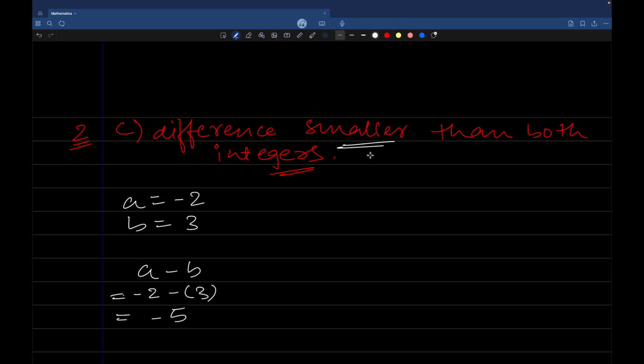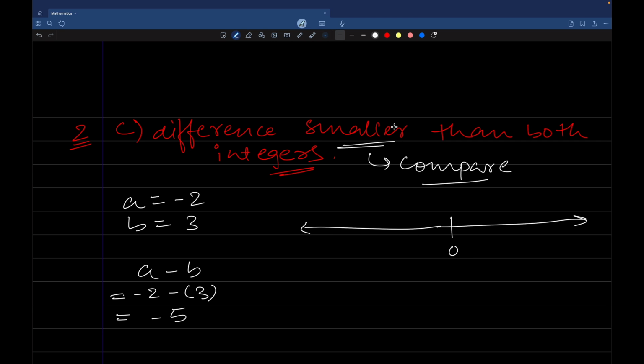We have to compare numbers, so we can draw the number line. We have 0 in the middle of the number line. The numbers to be compared are -2, 3 and the difference, that is -5.